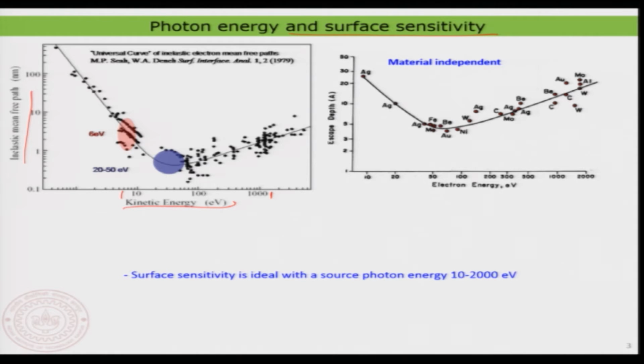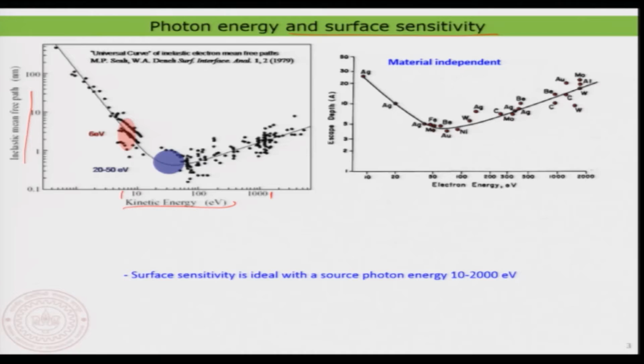The inelastic mean free path is defined as the distance that an electron covers between two successive collisions. That means the electron started here and moved a distance, and that distance is covered without any collision. Of course, that is strongly dependent on the kinetic energy of the electron itself.